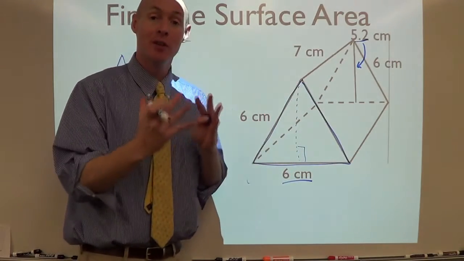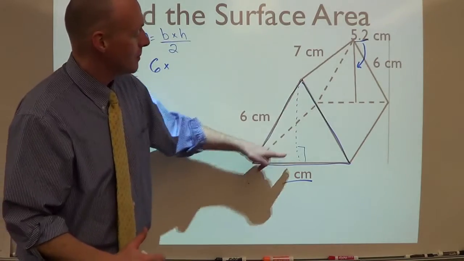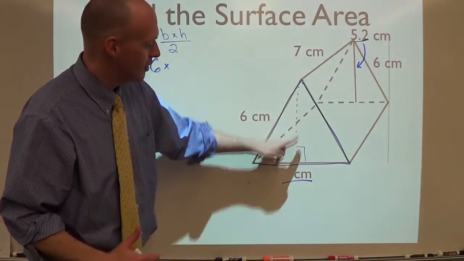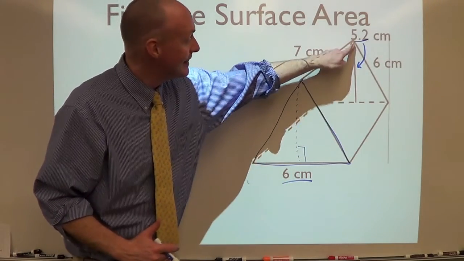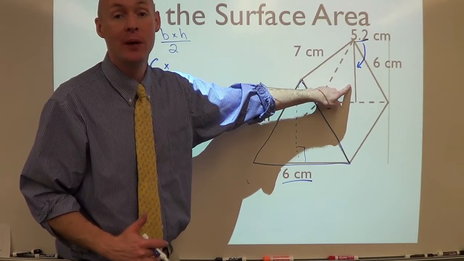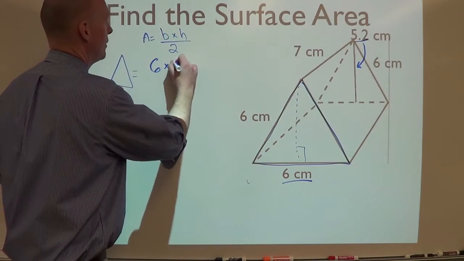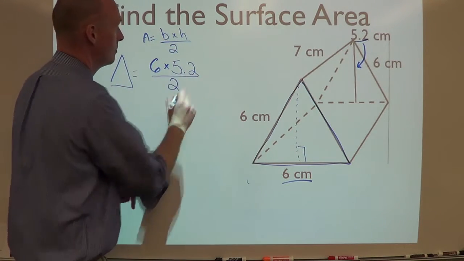See, those are similar triangles. They're congruent, meaning that they're equal. So whatever measurements here in the front is going to be equal to the back. So in this case, I see no height here, but I check the congruent triangle, and I see it has a height of 5.2. So that's going to be the height. 5.2 divided by 2. Perfect.